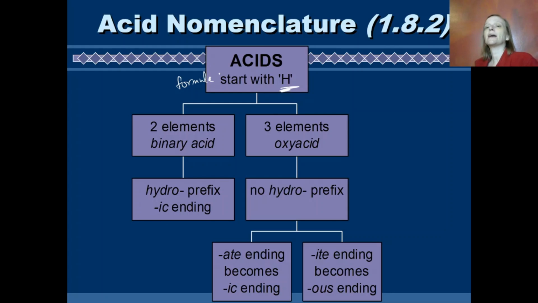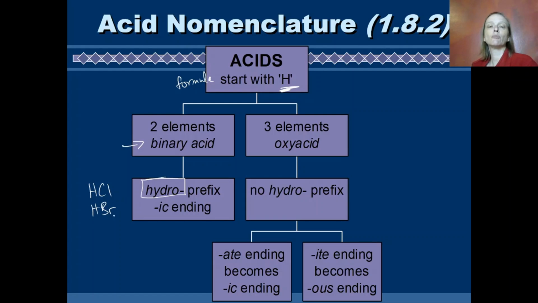If your acid contains just 2 elements, then it is what we call a binary acid. And the naming for that acid starts with hydro, and the ending is ic. So for instance, HCl is hydrochloric acid.